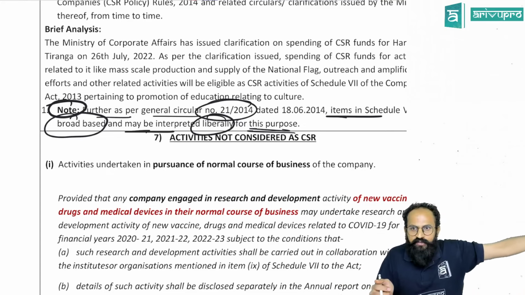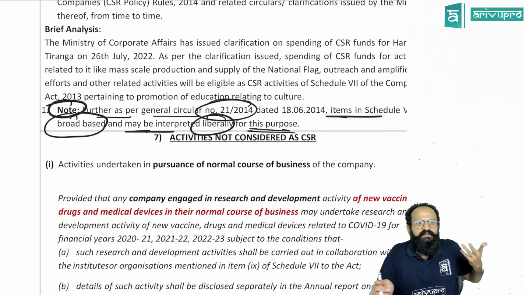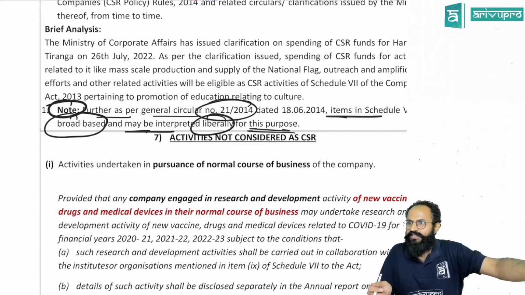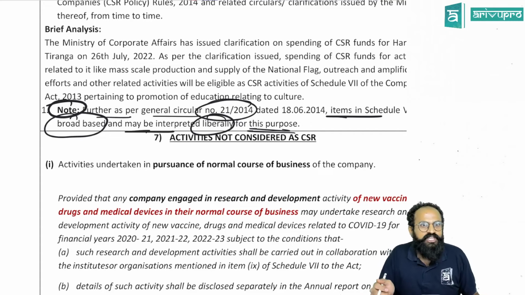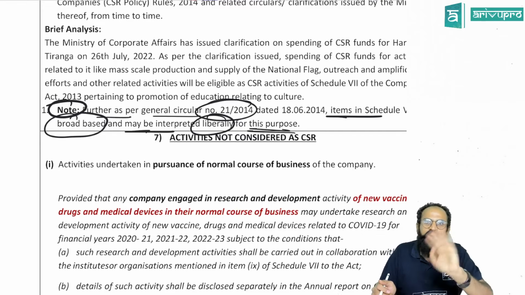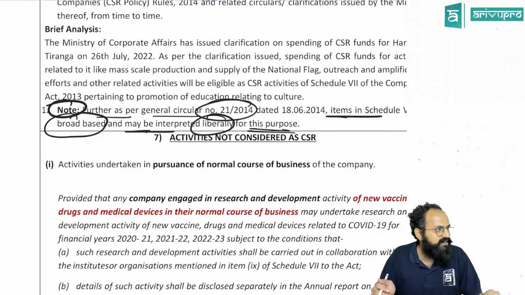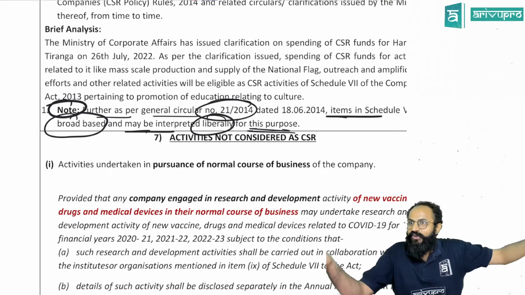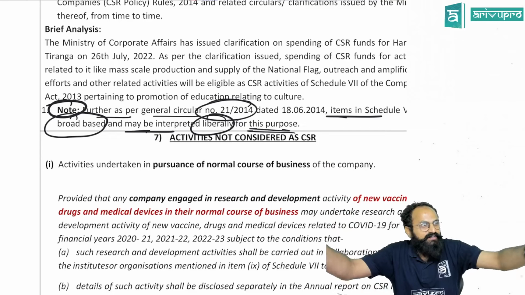MCA only gave that clarification in 2014. In 2021, I don't know what happened. Recently, people, they gave another clarification. What is that clarification? Any money spent apart from Schedule 7 is not considered as valid CSR. You cannot construe Schedule 7 liberally. You have to treat only Schedule 7 as CSR.